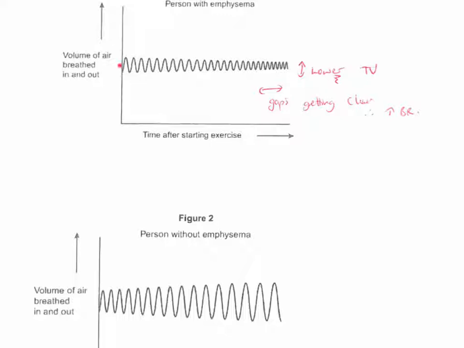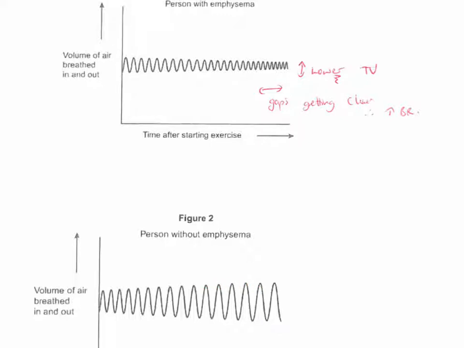Here the gaps between the peaks are fairly far apart, but by the time over here the gaps between the peaks are a lot closer together. So the breathing rate is increasing in someone with emphysema, whereas it's hard to tell, but it's definitely not increasing the breathing rate over time for somebody without emphysema.